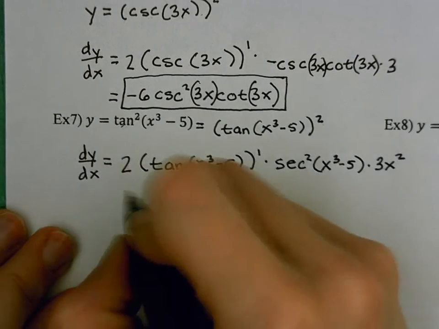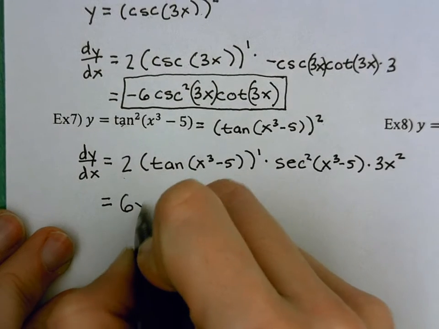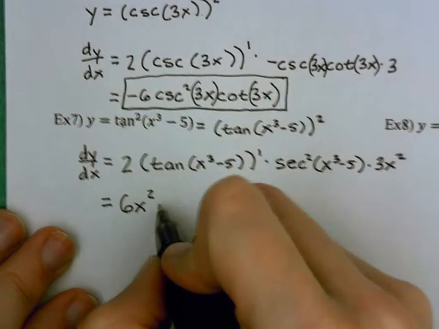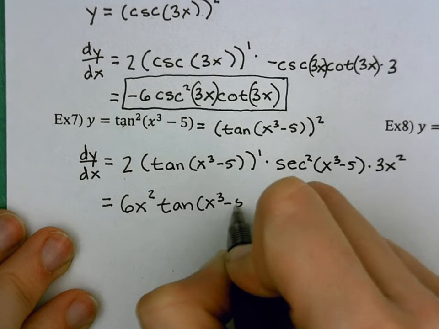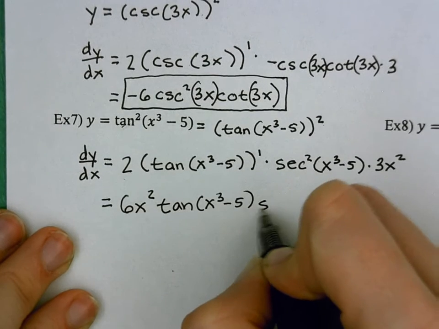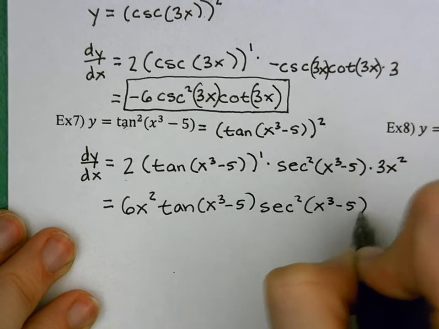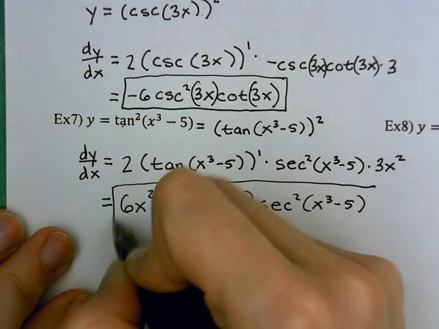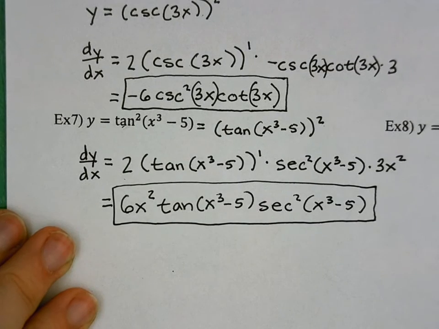And then again, when you rewrite it, 2 times 3x squared is 6x squared. Your tangent x cubed minus 5 and 2 secant x cubed minus 5s. And there you go.